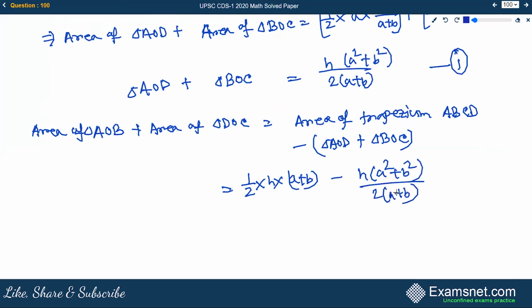Okay, if we calculate, we will get the value as, let's take common H by 2.